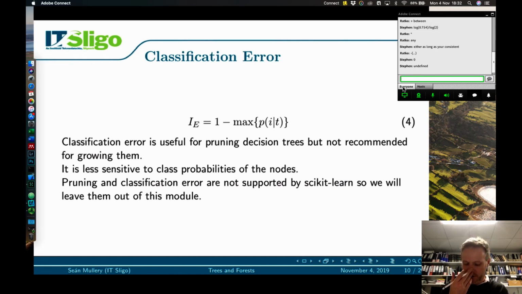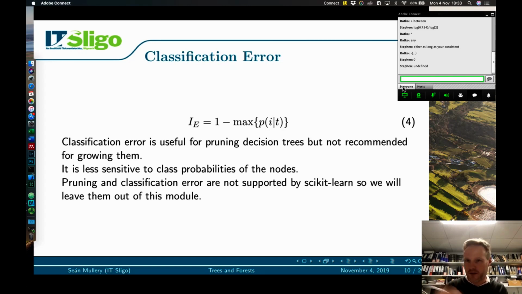So pruning them is where you go about and say, well, this leaf node is not really adding much to the overall thing. I'm going to get rid of it. And you might do that on the basis that if your tree is going out of its way to deal with just a single data point, it doesn't necessarily make it a good thing to do, because that's generally a case of overfitting.